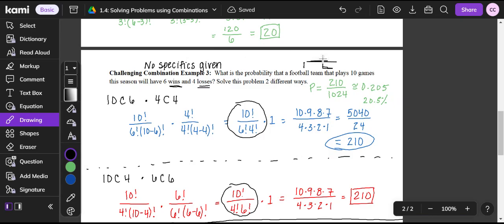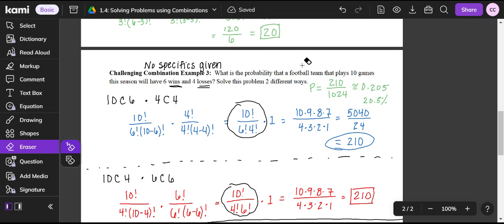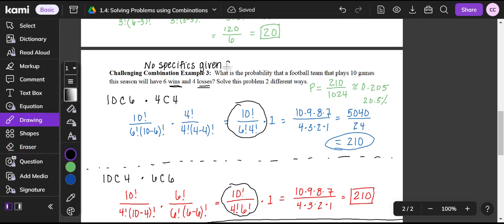So I'm going to say no specifics given for the order of wins and losses. Because there's no specifics given on the order of wins and losses, it doesn't matter. It doesn't matter if I win the first 6. It doesn't matter if I win the middle 6. So in that case, it's a combination, not a permutation.